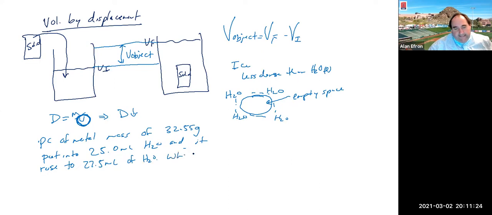What is the density? Well, in our example here, my initial volume is 25. My final volume here would be 27.5 milliliters.